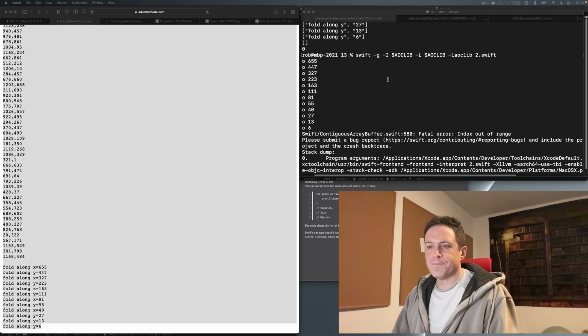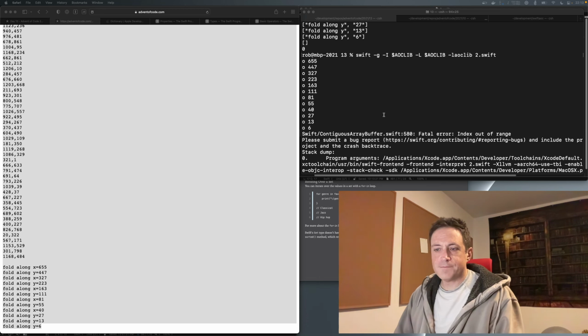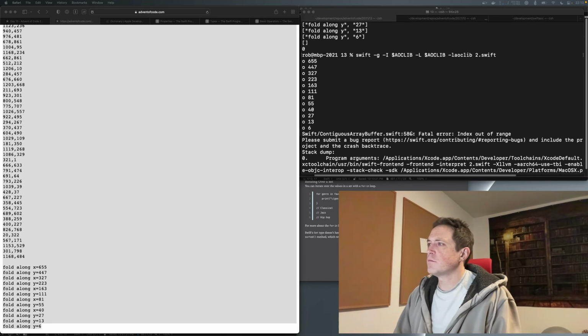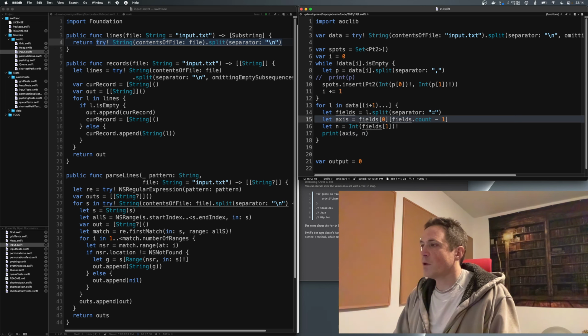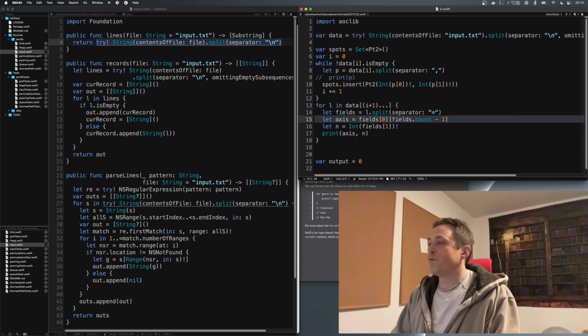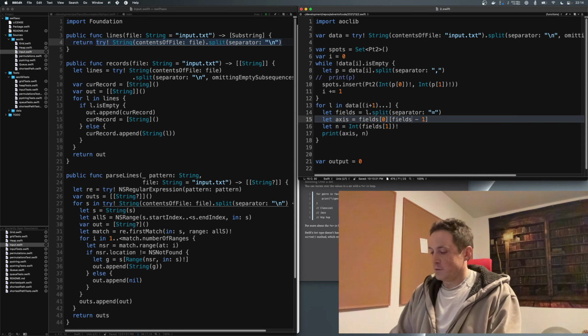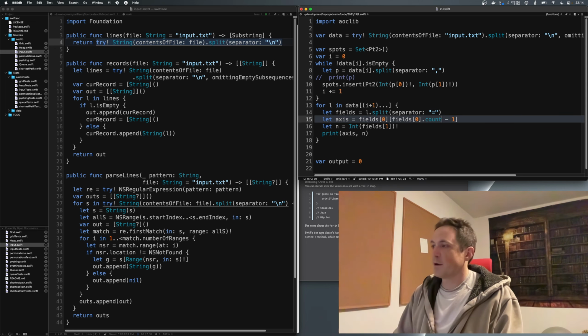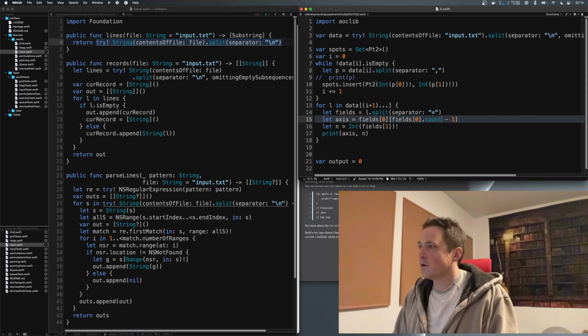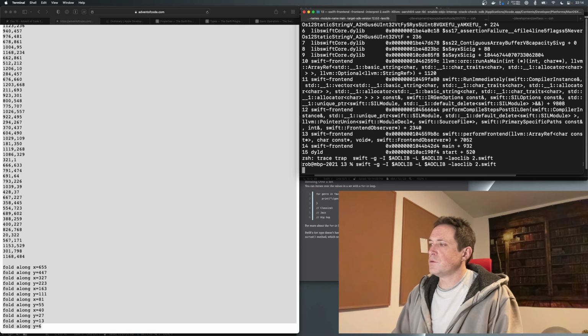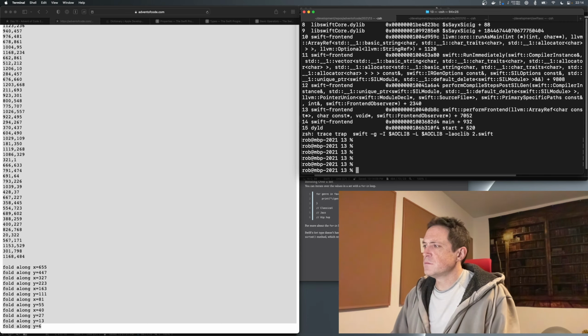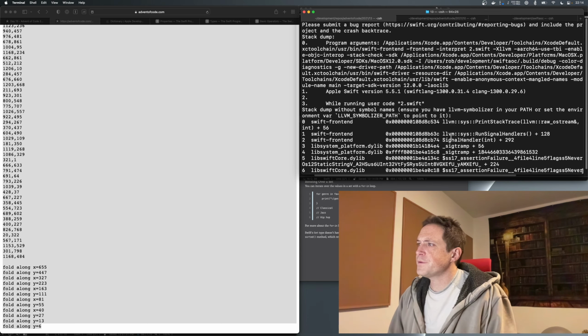That's insane. Count. No. Fields 0 count, but that still doesn't explain our crash, does it? I don't get it.